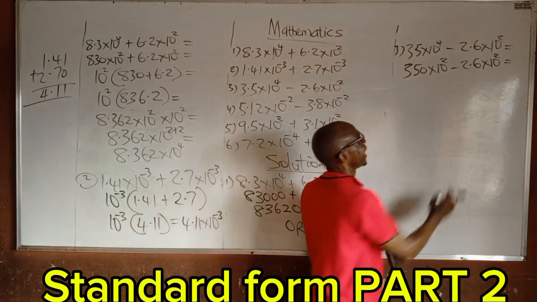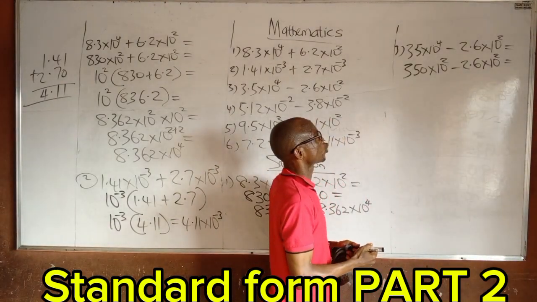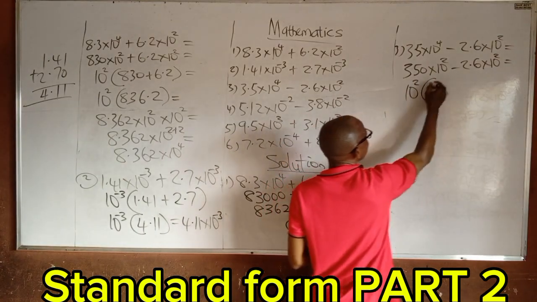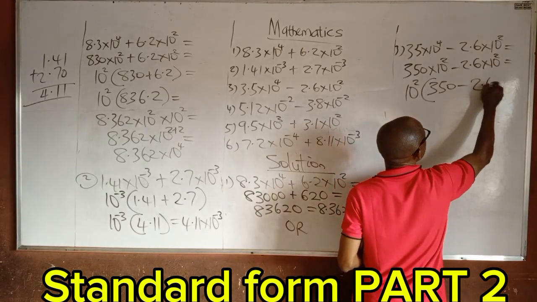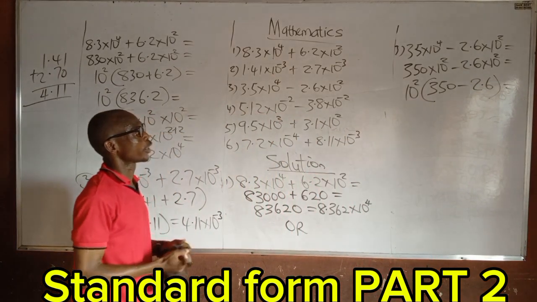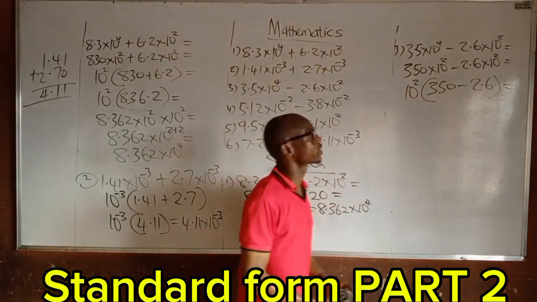So now we take them. 10 raised to the power 2 is common to both sides. 10 raised to the power 2, open bracket, 350 minus 2.6. So we are going to subtract that. 350 minus 2.6.